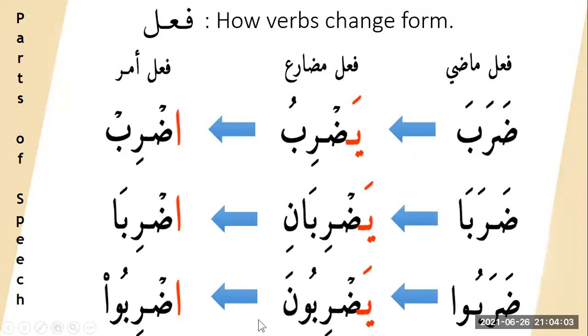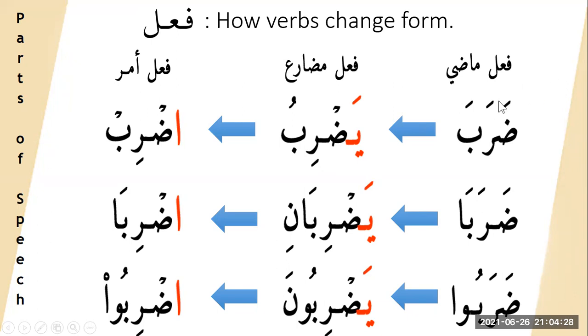Okay. Let's see how verbs change form. We look from the right, we have daraba. Daraba is the third person, huwa, which means he. The translation is he struck, or he hit.